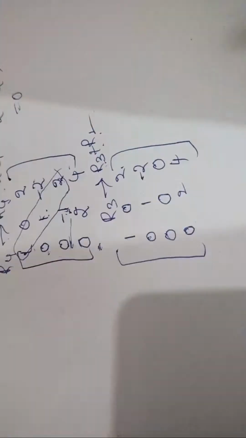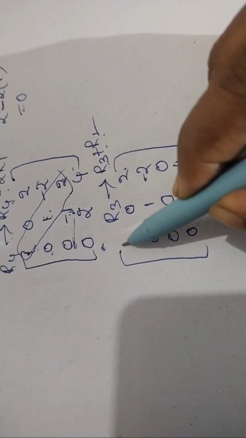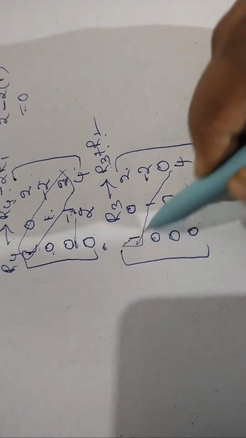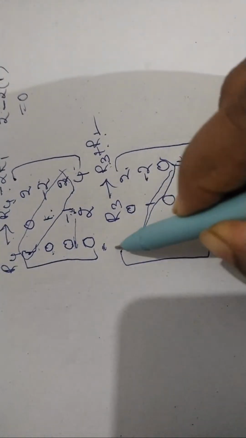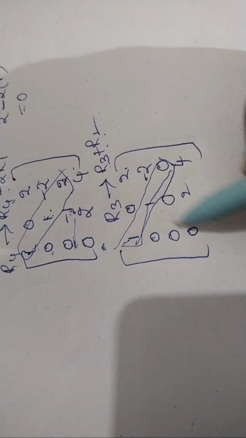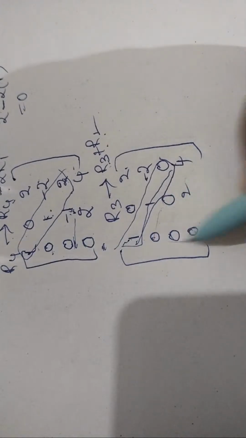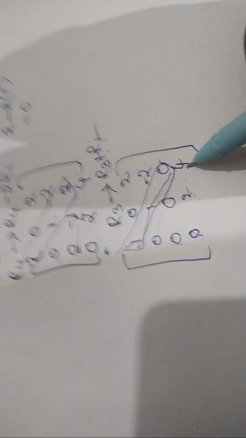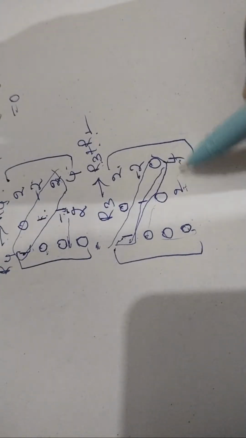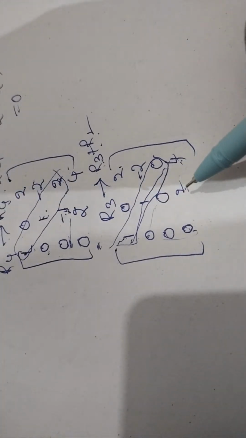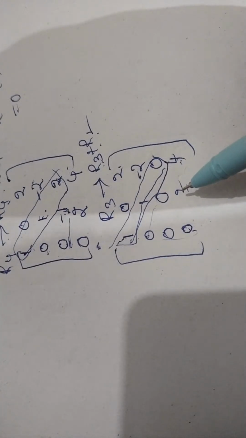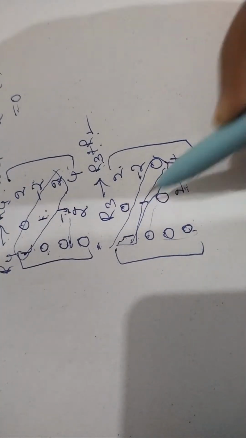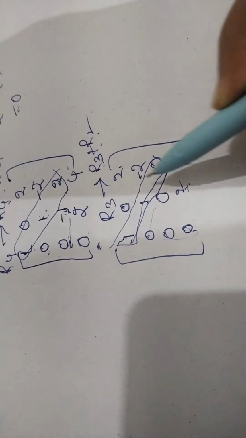Now, under this diagonal elements, I got these 4 are zeros. Then remain 2 are there, 2 and 4. How can we make it 0? So here, suppose I select second row and last row.